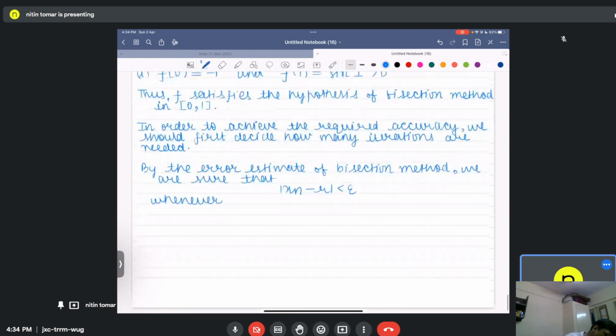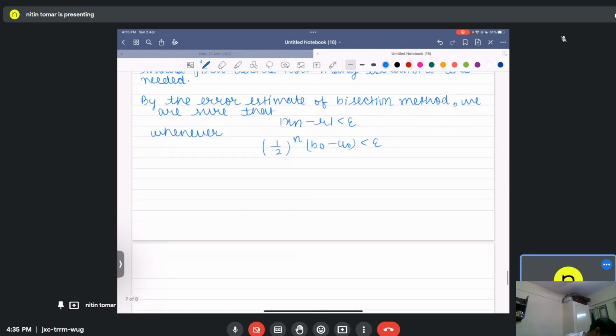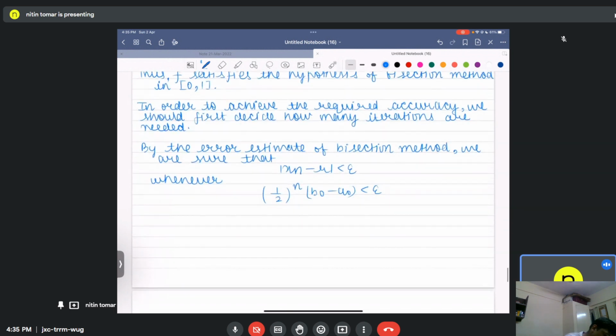whenever half power n times (b0 minus a0) is less than epsilon. Because b0 minus a0 is 1 here, half power n is less than epsilon.